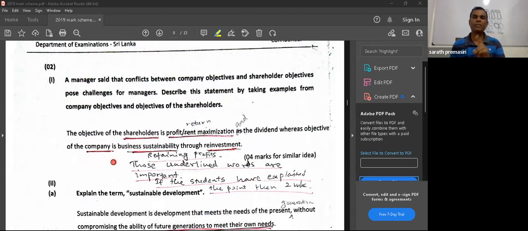The shareholders of the business tend, T-E-N-D, to maximize the return or their profit rate.